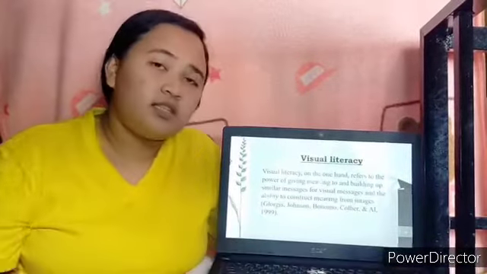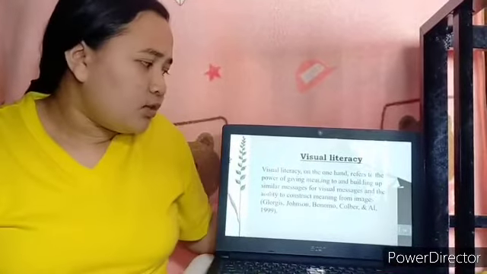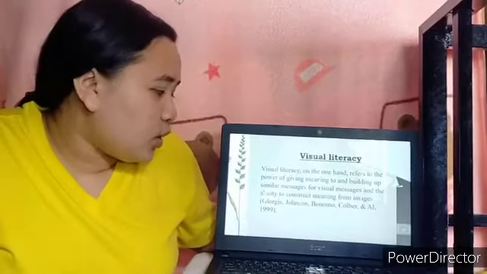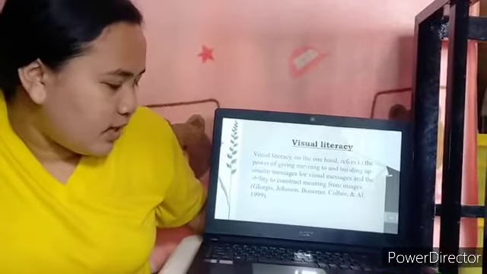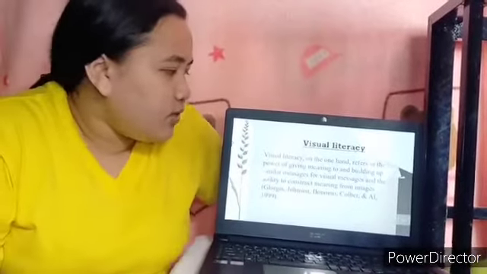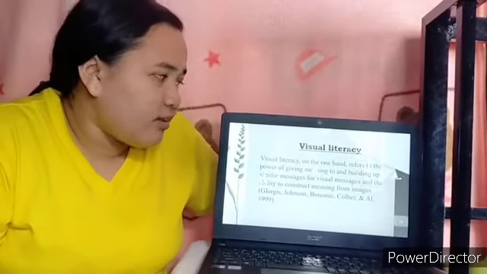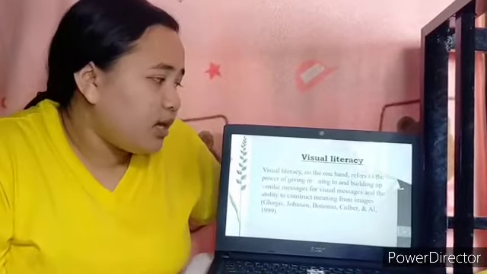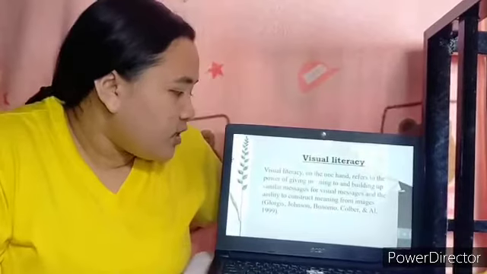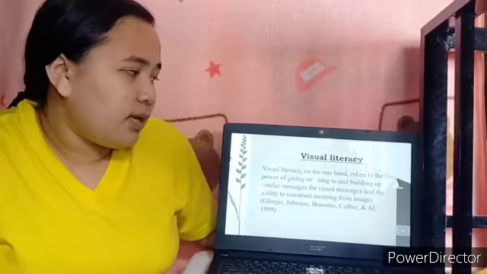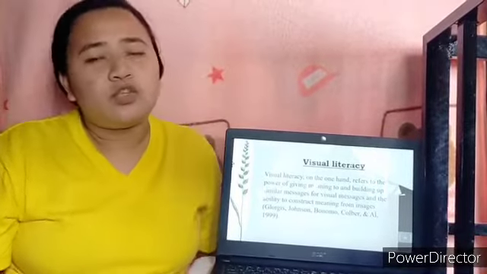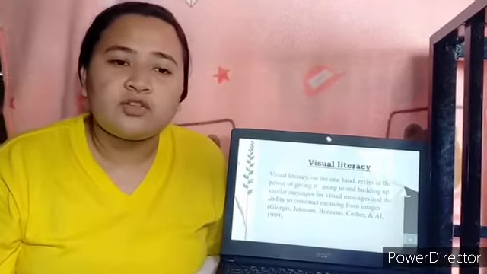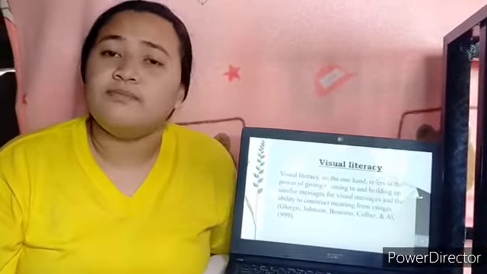So the next is visual literacy. Visual literacy, according to Giorgis, Johnson, Bonomo, Colbert, et al. 1999, on the other hand, refers to the power of giving meaning to and building up similar messages for visual messages, and the ability to construct meaning from images. So visual literacy simply talks about giving meaning through images.